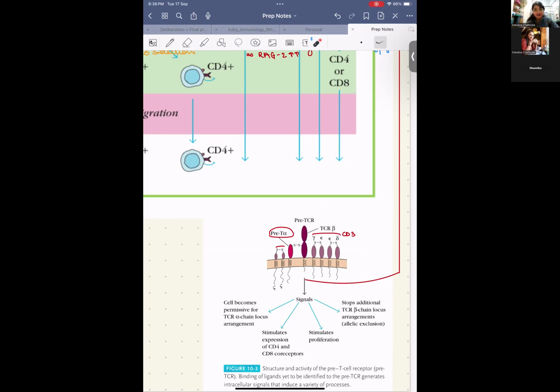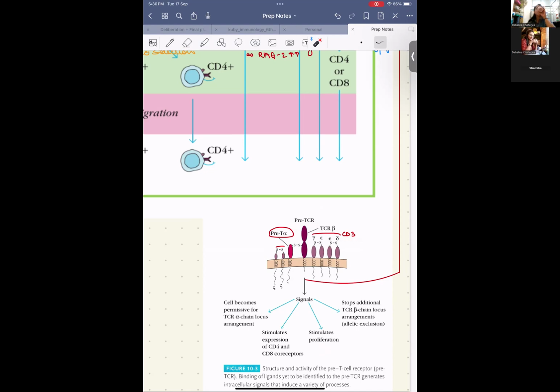But whatever specificity has been formed after the VDJ joining, the same cell is going to undergo proliferation without getting into recombination again. Which means that the same TCR beta is going to form again and again as the cell proliferates. And why is it undergoing proliferation? Because in the pre-T cell, the association of the pre-TCR with the CD3 is a signaling event, and it undergoes proliferation.